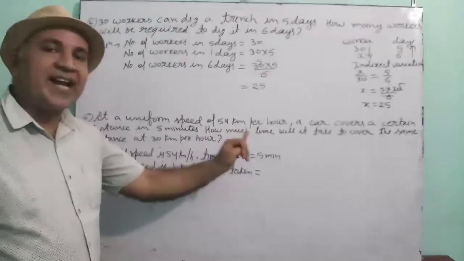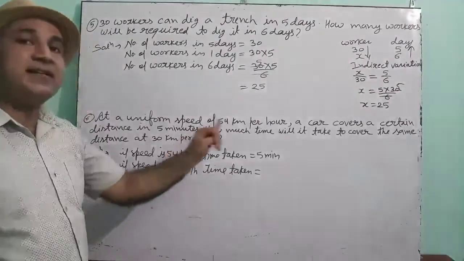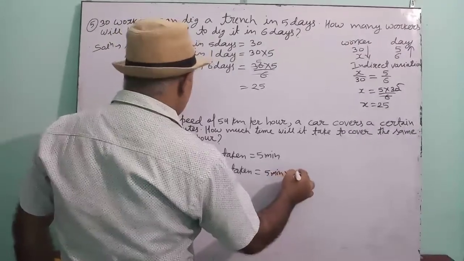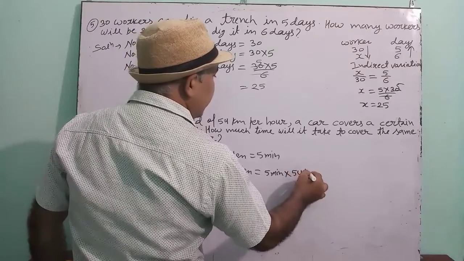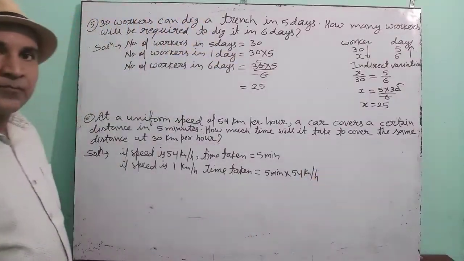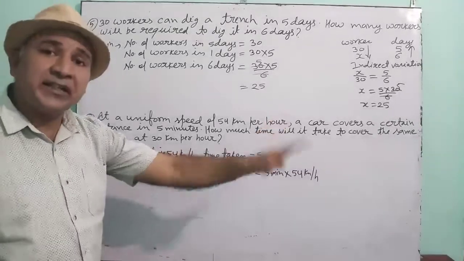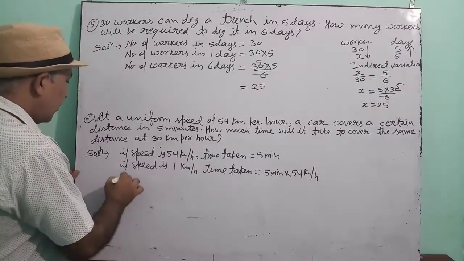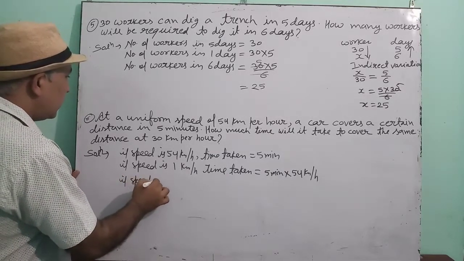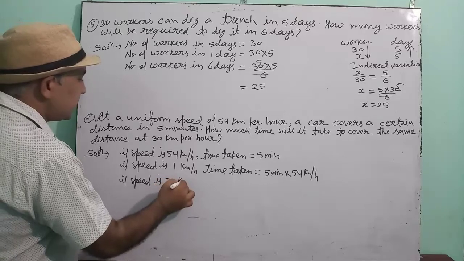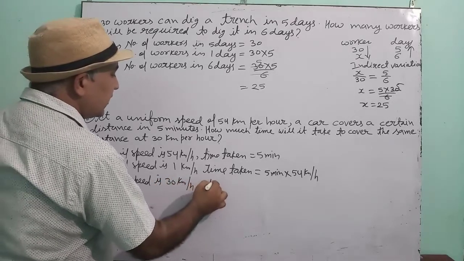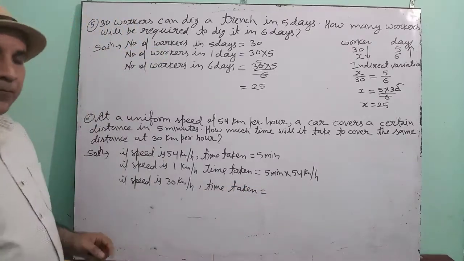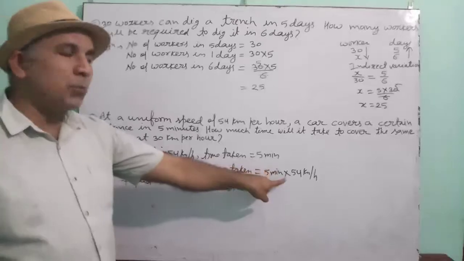Speed is more then time is less. Speed is less then time is more. That means this 5 minutes will be multiplied by 54 km per hour. Because the right hand side number is increasing, that is why multiplication will take place. Okay. Now, if speed is 30 km per hour, then time taken will be, see, speed is less, then more time.